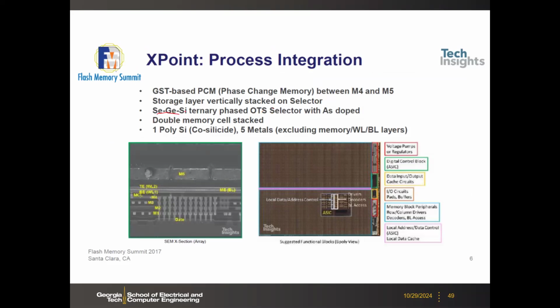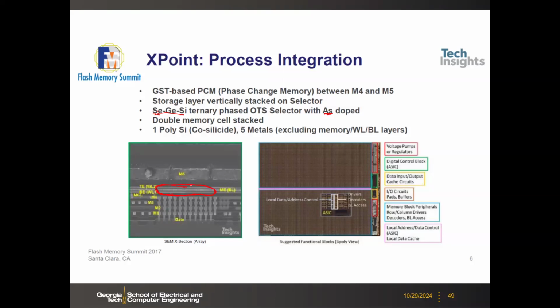The OTS has 4 kinds of elements. It's complicated. And those 2 layers are stacked above metal 4. Below that are some peripheral circuits. So here are those 2 layers of memory.